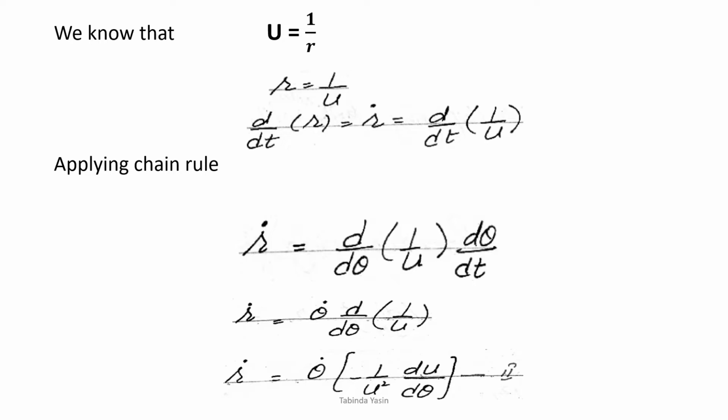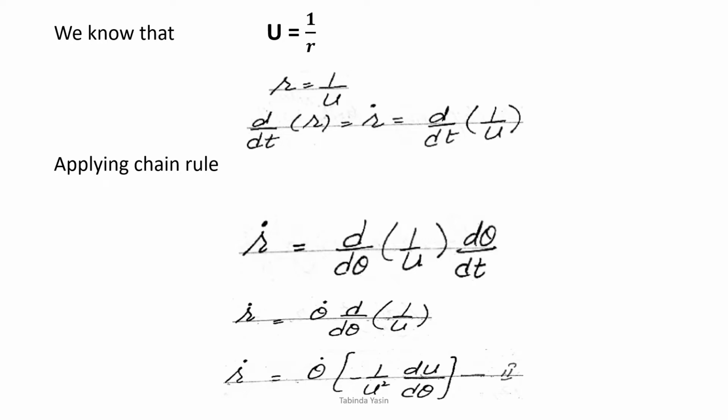Now applying the chain rule, we have r dot is equal to d by d theta into 1 over u into d theta by dt.